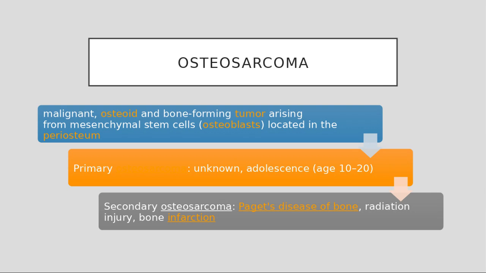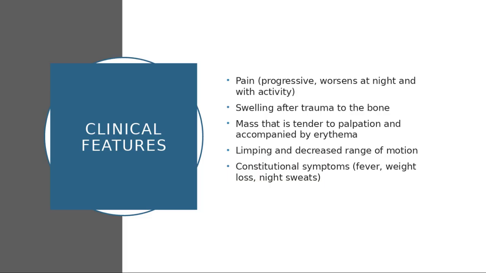Now, if you have osteosarcoma arising in bone which was already pathological, such as bone which has Paget's disease, bone which has been irradiated, or bone with a lot of infarctions, it can lead to a secondary osteosarcoma. So that's what we mean by primary versus secondary. One arises in normal bone, the other arises in bone which was already diseased.